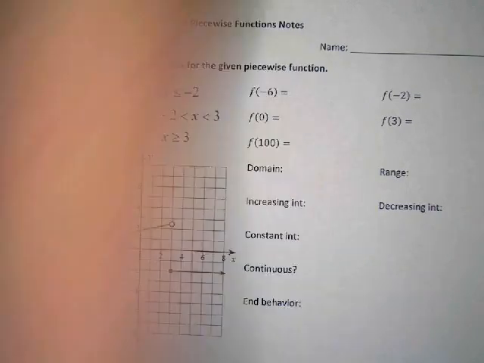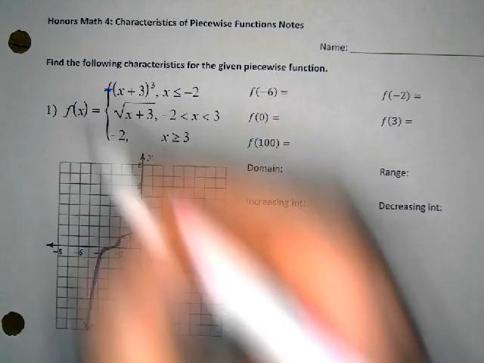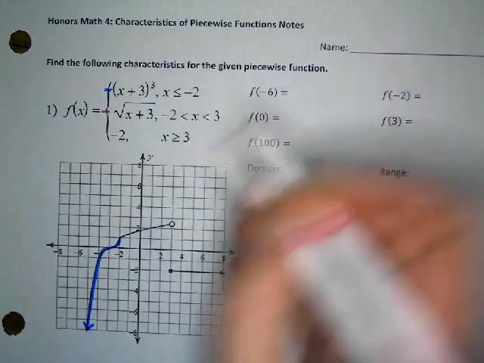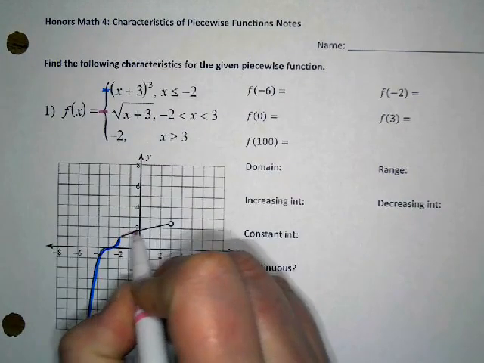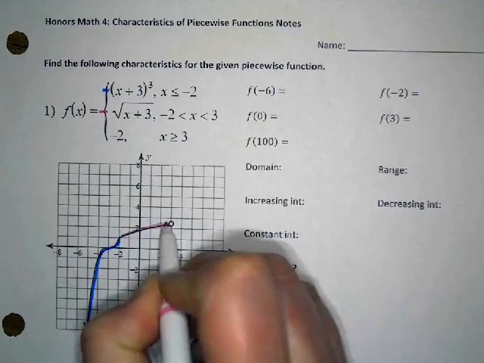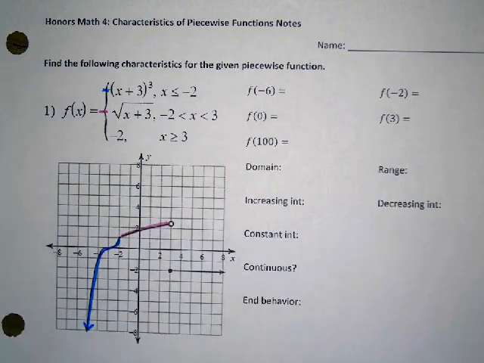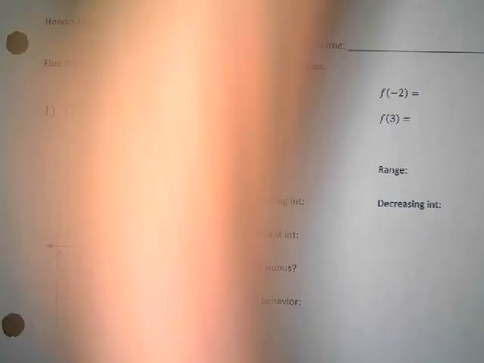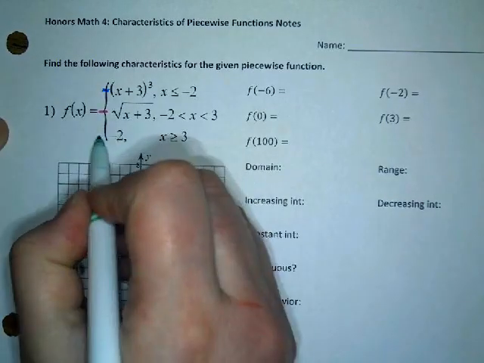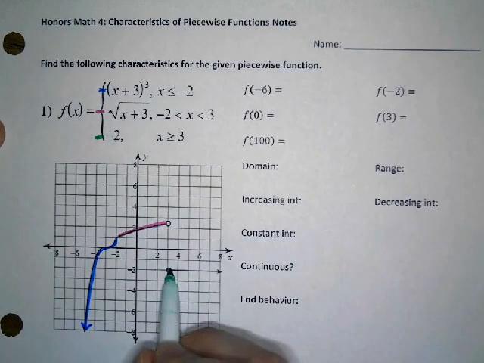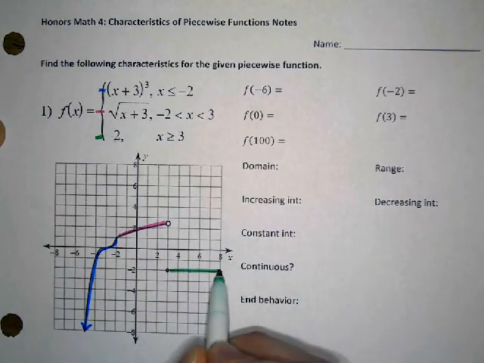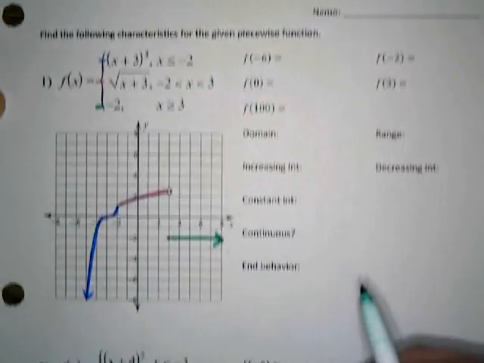And then it says to use the square root graph if x is between -2 and 3. So there's my square root graph. And then it says to use the constant, just use the plain number if x is greater than or equal to 3.